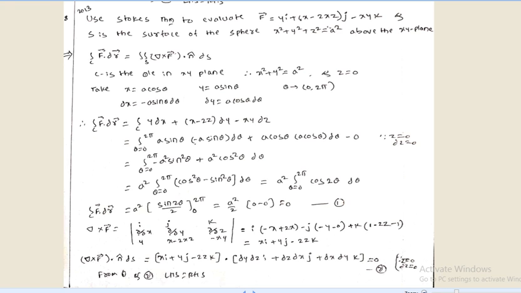Now take del cross f dot n cap ds. So after applying the dot product of n cap ds with del cross f, x i plus y j minus 2z k dot n cap ds, we know that n cap ds is dy dz i, dz dx j, dx dy k, which is equal to 0.